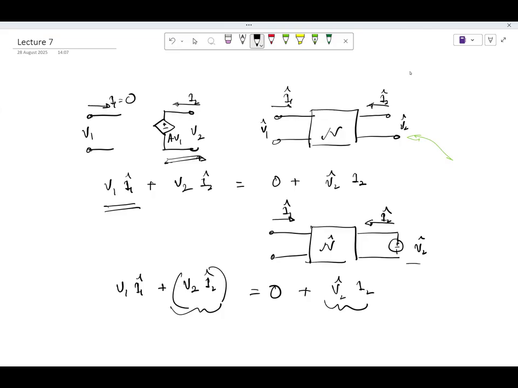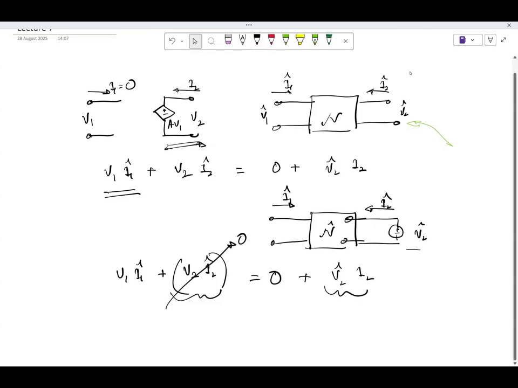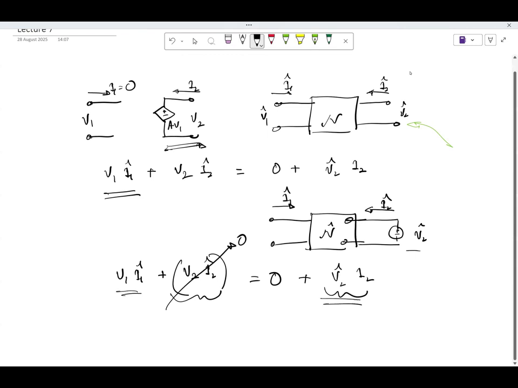Now how do I make this term go to 0? I have to essentially make I2 hat equal to 0, which means this becomes an open circuit here. So this goes to 0 if this is open circuit, and then I'm left with these two. So V1 I1 hat is V2 hat times I2.